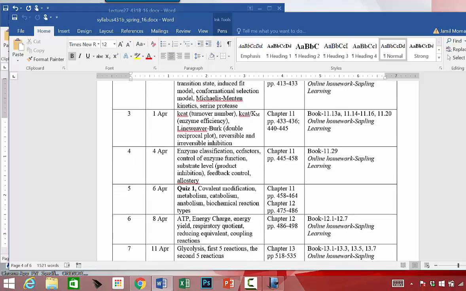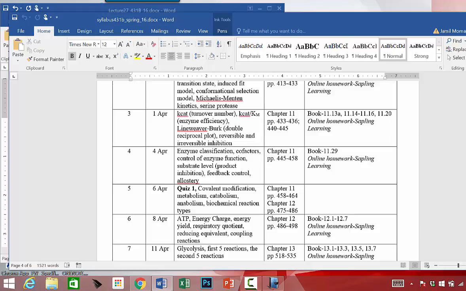Enzyme classifications. We went over enzyme classifications in detail, and then I kept on talking about that throughout the course to get you thinking about what those really mean. The hydrolases, the ligases, the lyases, the oxidoreductases, right? The transferases. So you have that embedded in your mind.